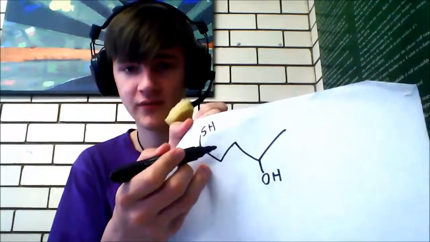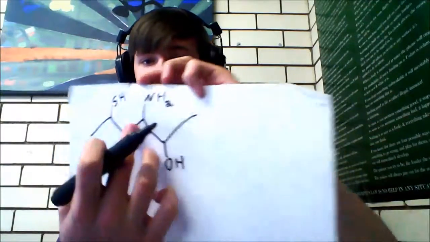Then you get on all these other groups. For example, there's a thiol group, which is sulfur and hydrogen, or an amine group with nitrogen. Then there's things where you can add a double bond to an oxygen.